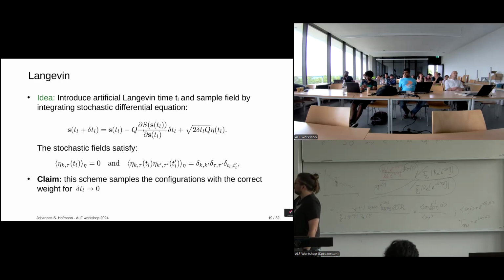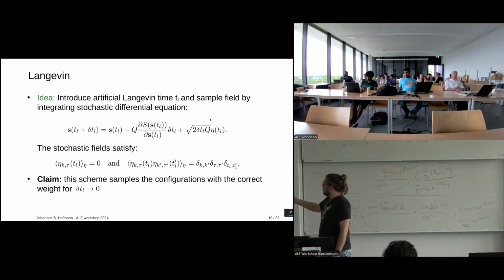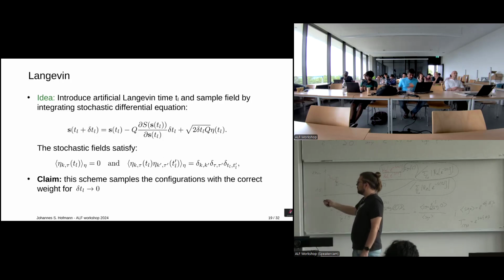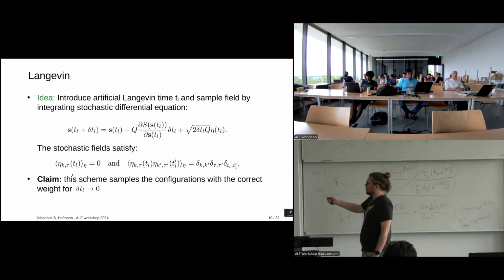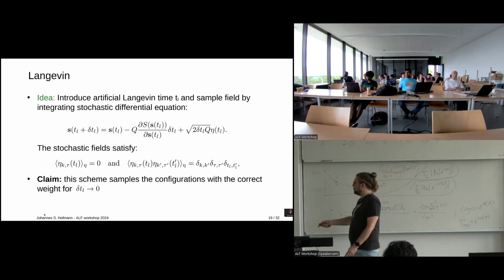That is essentially the derivative of the action with respect to the fields, and then it's a noisy differential equation. You can then show that if the noise fulfills certain conditions, namely that it's on average 0 and not correlated, then you will sample the correct distribution if you make the step size in which you integrate small.